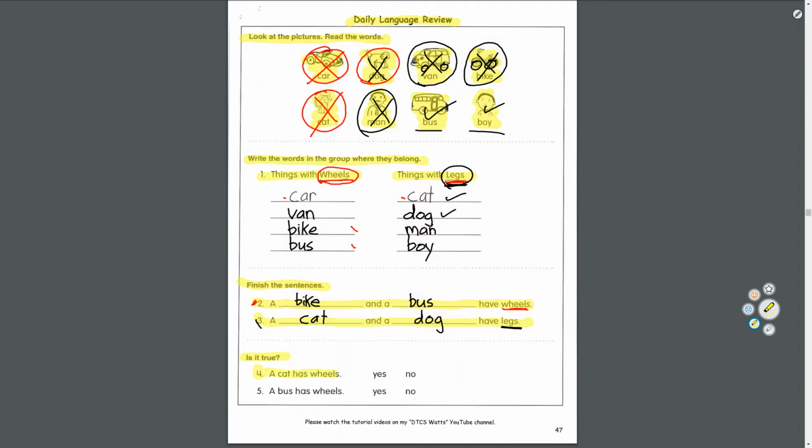A cat has wheels. Yes or no? I've never seen a cat with wheels. So, we need our pencil. No. A cat does not have wheels. Number 5. A bus has wheels. Yes, it does. The wheels on the bus go round and round, round and round, round and round.